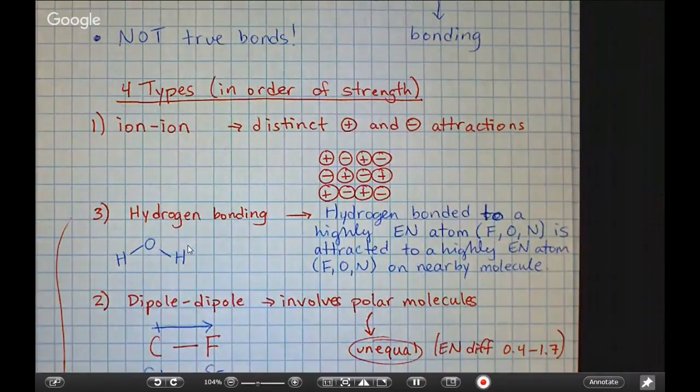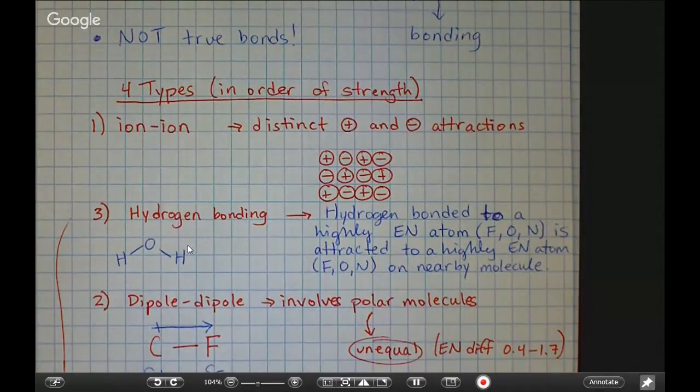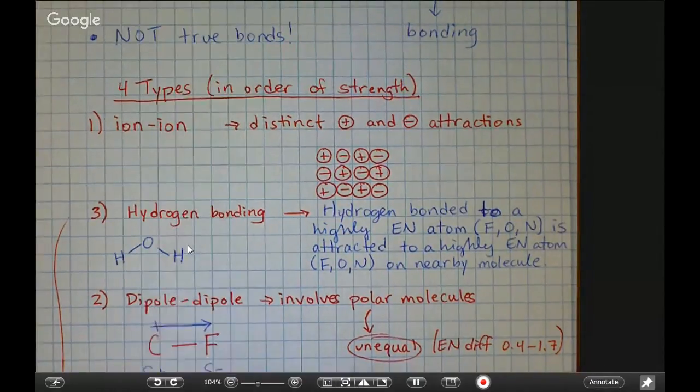So I'll let you write that down real quick. Okay, so again, hydrogen is bonded to a highly electronegative atom, like fluorine, oxygen, or nitrogen, like in water, and that hydrogen is attracted to a highly electronegative atom on a nearby molecule.